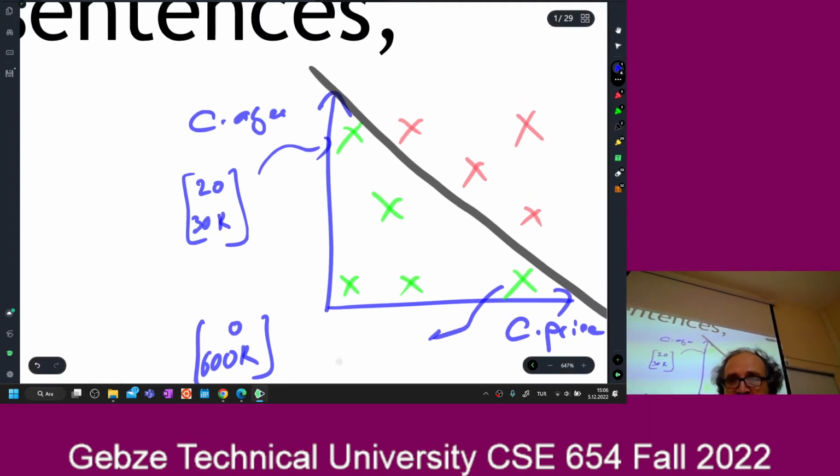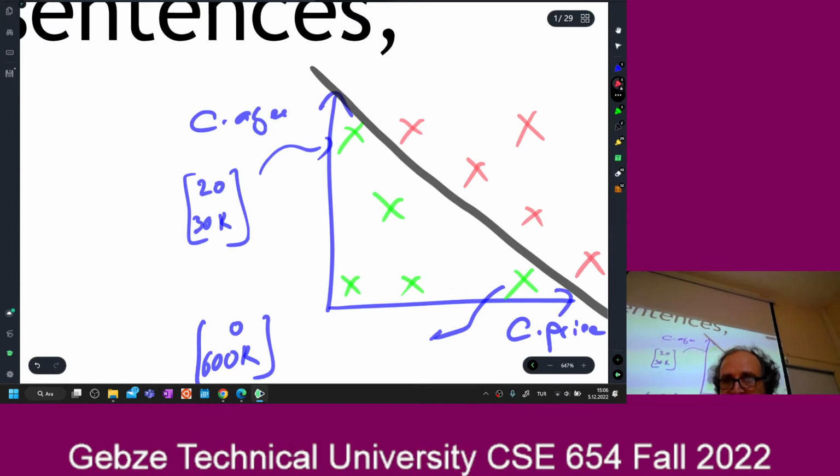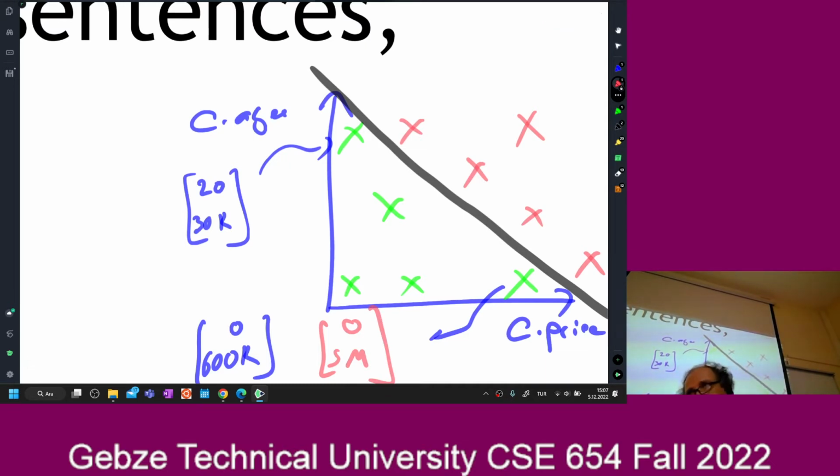But I am not going to buy that one. Let's say it is 0 years old, but it is 5 million Turkish liras. It might be a nice car, but as a car dealer, if I buy it, I cannot sell it.